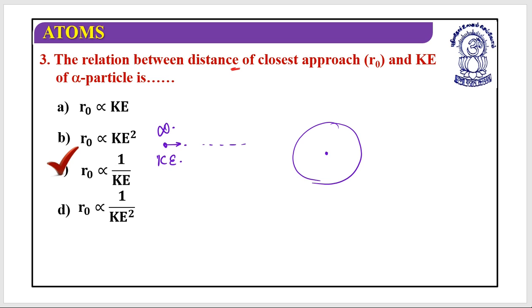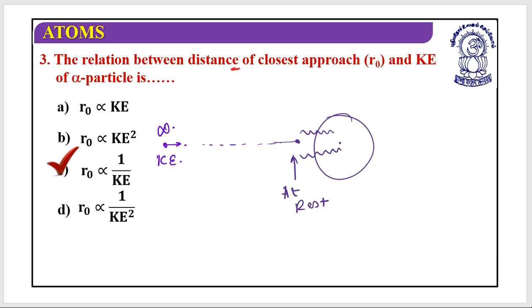As it moves in this direction, at a certain instant it reaches this position, where it is at rest. So this is the distance of closest approach that we call r. Here it has potential energy, and let's say this is location 1, and this is location 2.